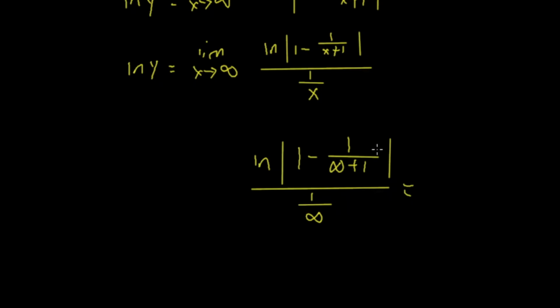And of course, this is going to 0. So this is just ln of 1 divided by 0. And ln of 1 is 0, so we have 0 over 0. So that's the indeterminate form.